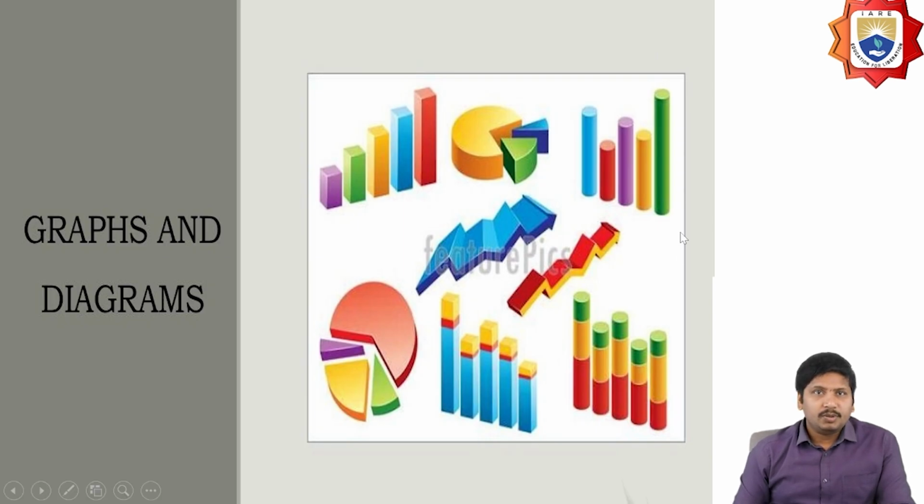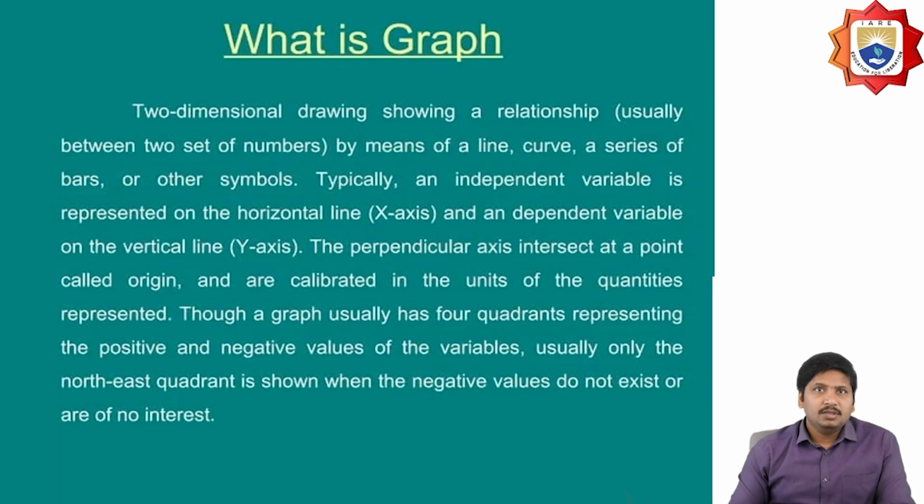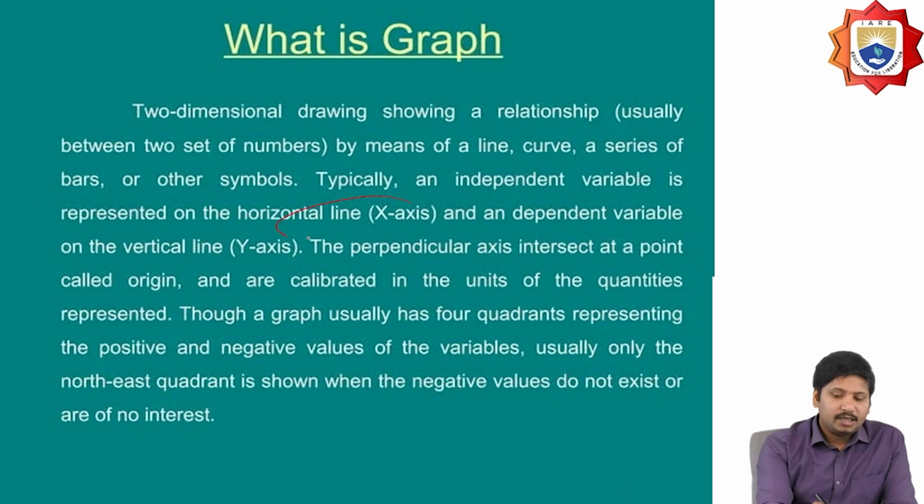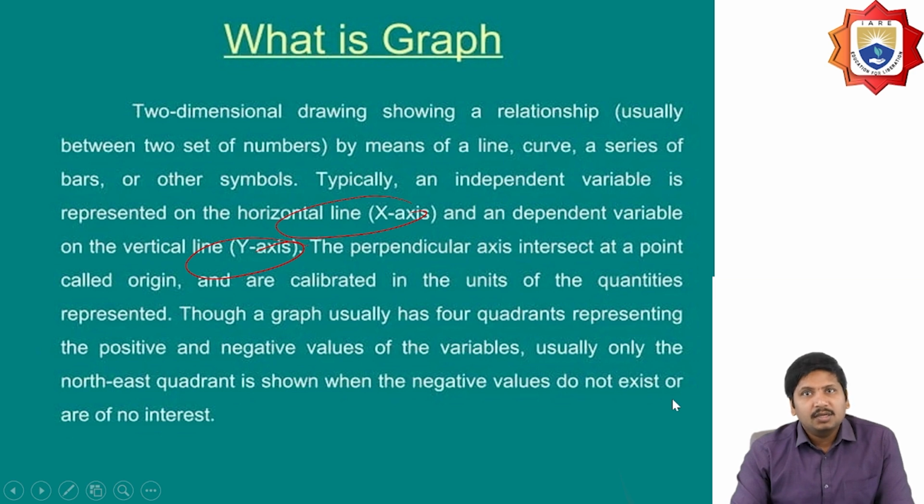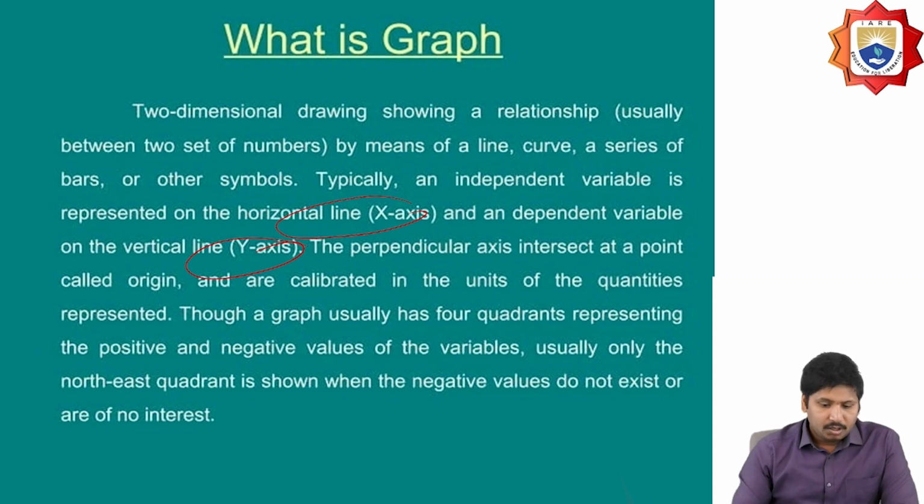Next, we are going to see the various graphs and diagrams. So what is a graph? A graph is nothing but a two-dimensional drawing showing the relationship between two sets of numbers by means of lines, curves, a series of bars, or other graphics. Typically an independent variable is presented on the x-axis and a dependent variable on the y-axis. The perpendicular axes intersect at a point which we call the origin.